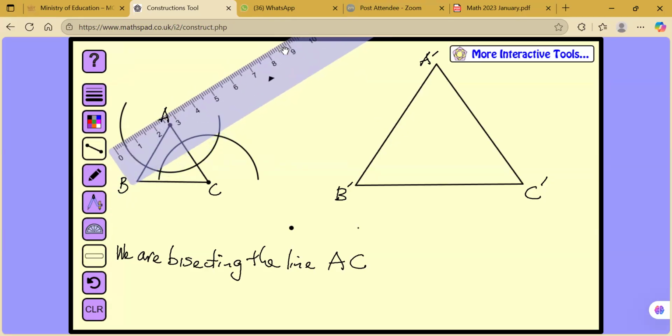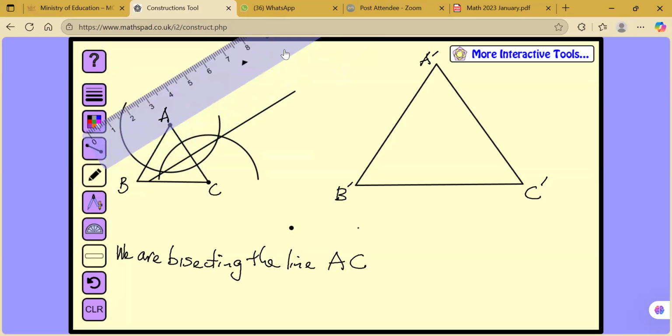Now, I'm supposed to draw a line here, like that. It's supposed to pass through that point. But here is my line, right? It didn't draw that well, right? I'll have to draw it over. Now so I bisected AC.